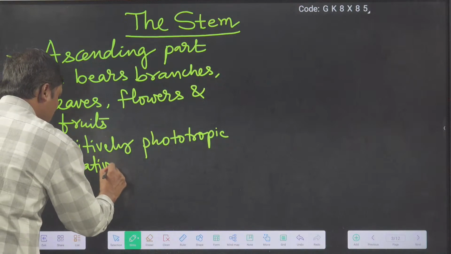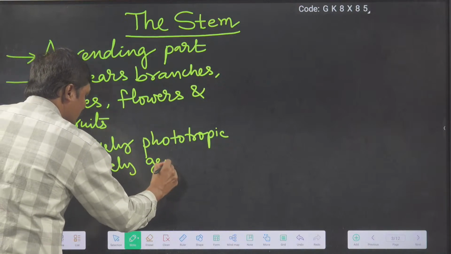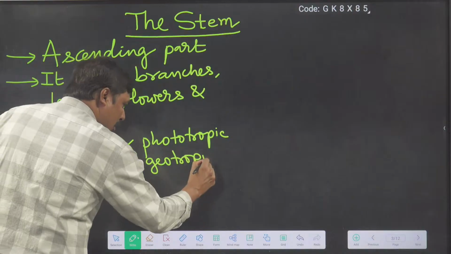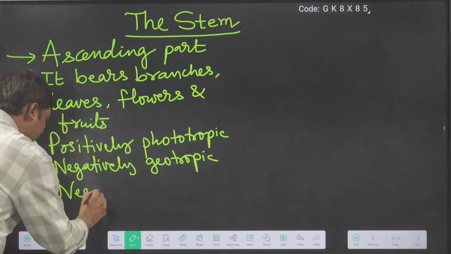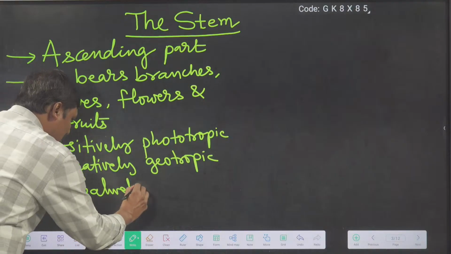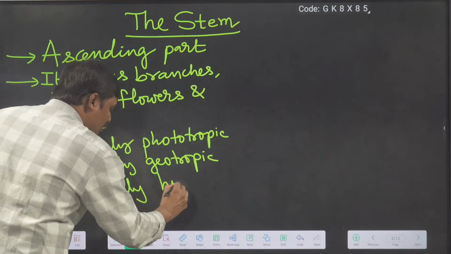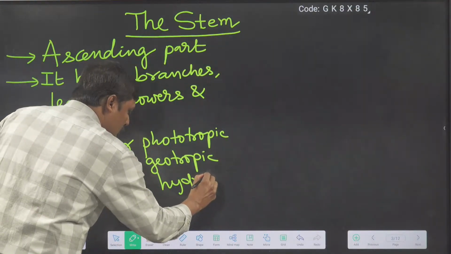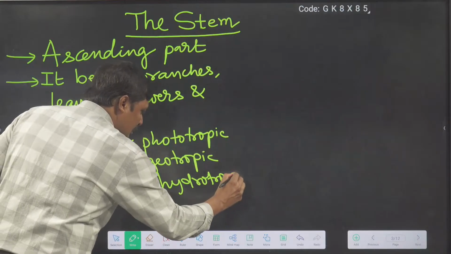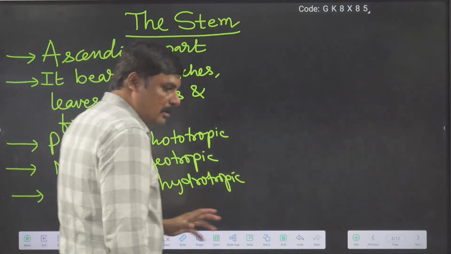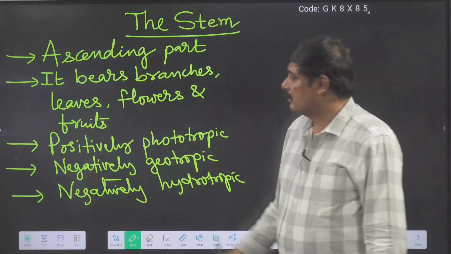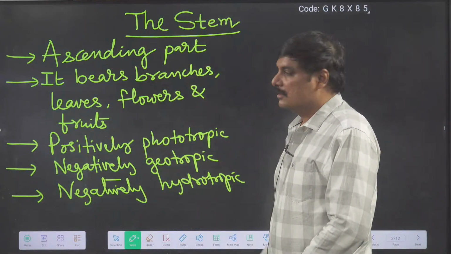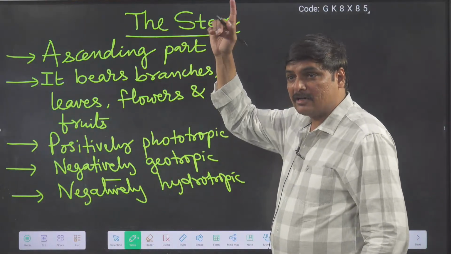Or otherwise you can say it is negatively geotropic, and also negatively hydrotropic. Yes, all these are opposite to root. Root is the descending axis. Stem is the ascending part. Root bears lateral roots.